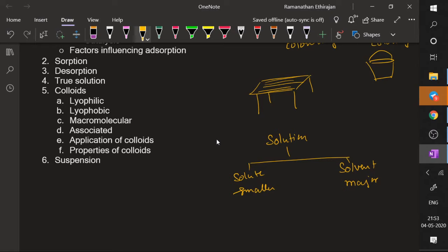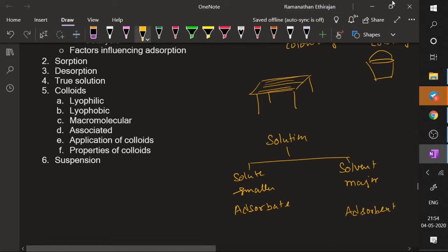Similarly, you have in adsorption also, the adsorbent, which is the surface or substrate. And here the adsorbate is the material adsorbed on the adsorbent. So that is called adsorbate.